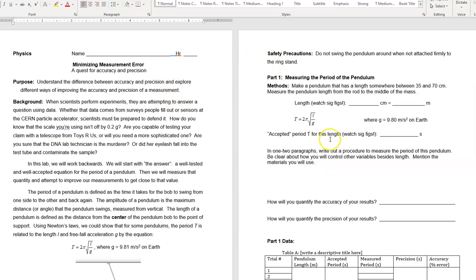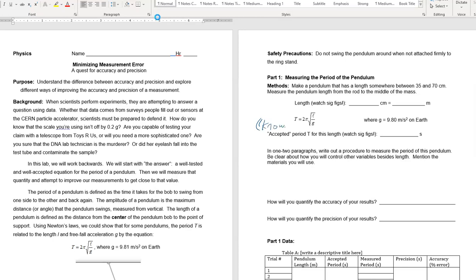Here you can see that your classmates were calculating the accepted period. And I want you to know that when I say accepted, that can also refer to the known.